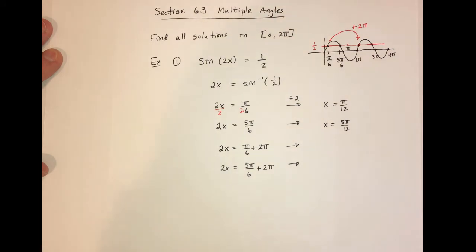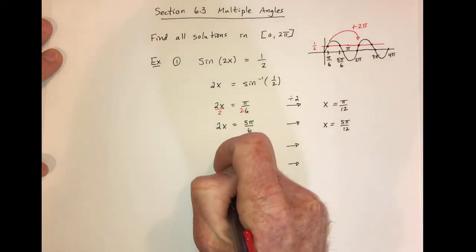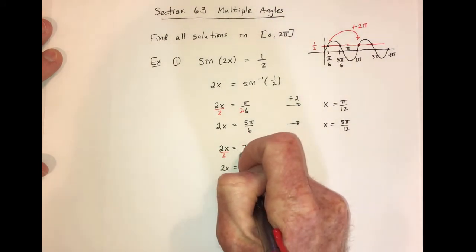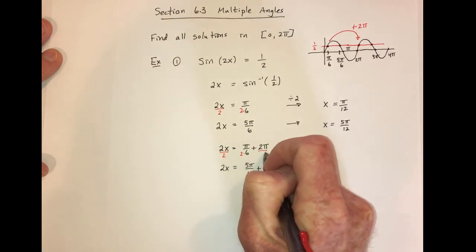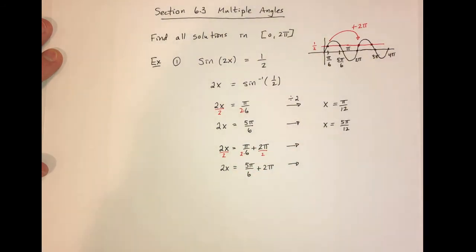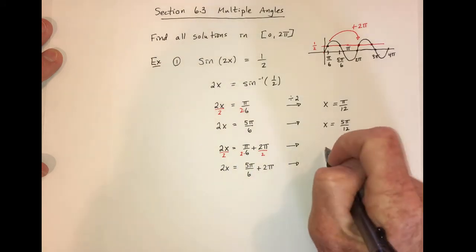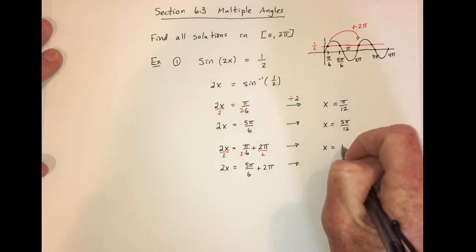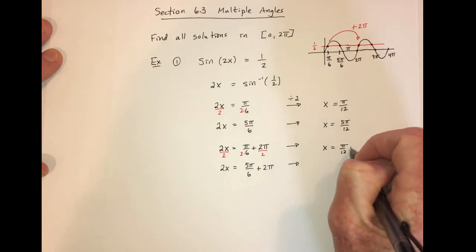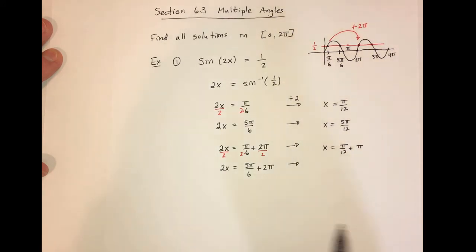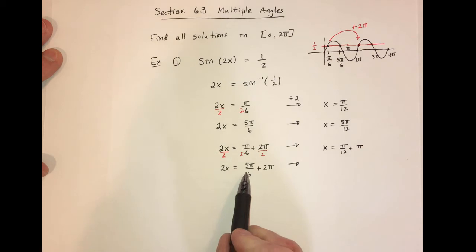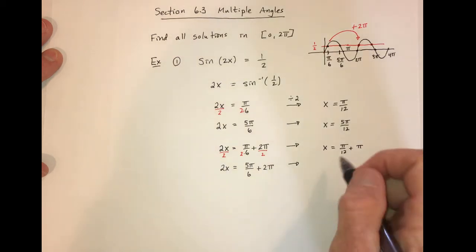And when you divide by 2 on this one, that means you need to divide this by 2 and you need to divide this by 2. So this will be pi over 12 plus a pi. And then this one, when you divide by 2, will be 5 pi over 12 plus a pi.